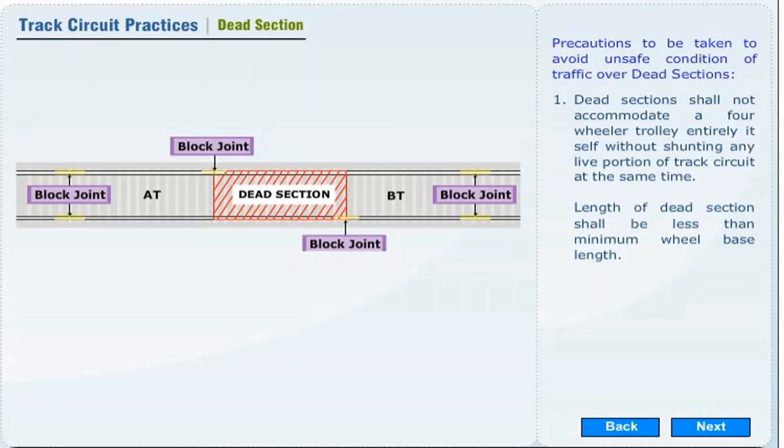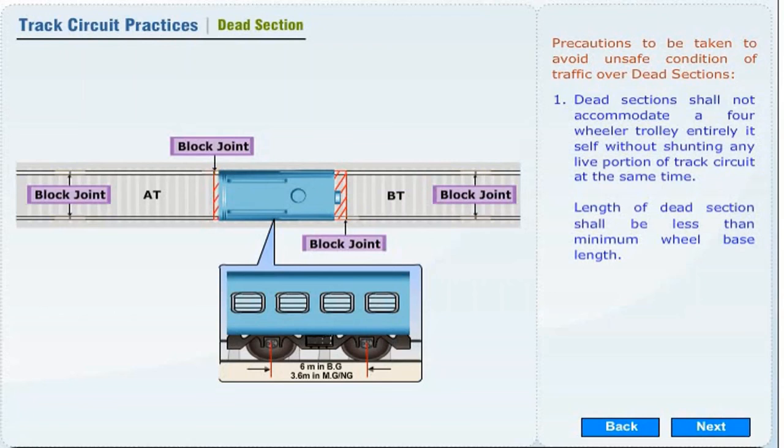Precautions to be taken to avoid unsafe condition of traffic over dead sections. Dead sections shall not accommodate a four-wheeler trolley entirely itself without shunting any live portion of track circuit at the same time.